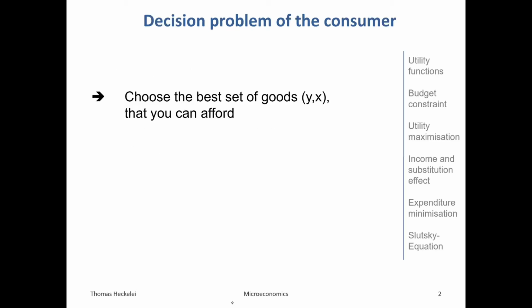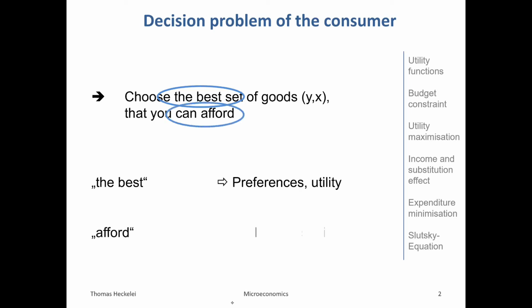In everyday life nowadays, we are all consumers. So we ultimately have to deal with a decision-making problem, which is quite famous in microeconomics: choosing the best set of goods that you can afford. This problem has two parts. The first is the best set, the best according to preferences or utility, what you like, what you prefer.